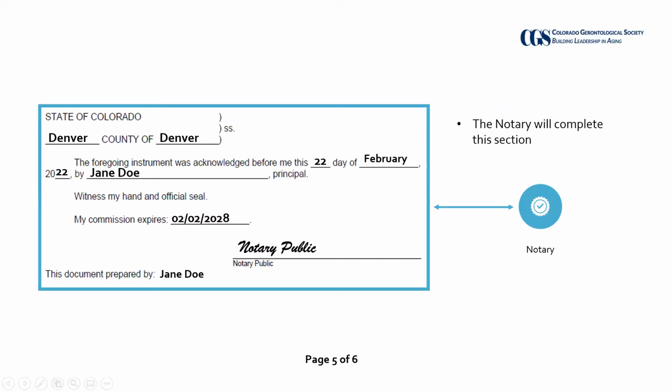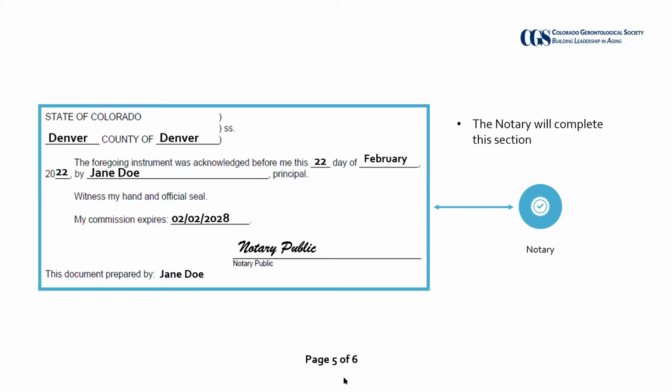I see that I have some more questions coming in, so let me go ahead and address those. I do have a question about, is a durable power of attorney and statutory power of attorney the same thing as a financial power of attorney? There are different powers of attorney, and depending on the purpose of the power of attorney, it's going to have different names.